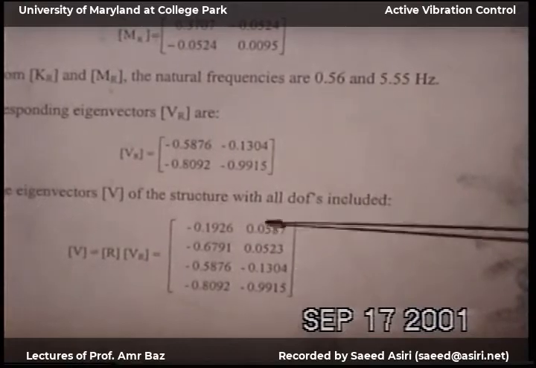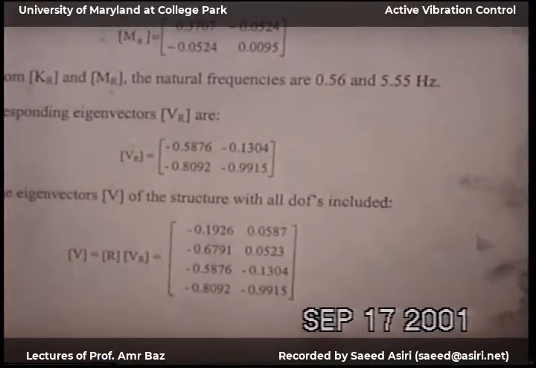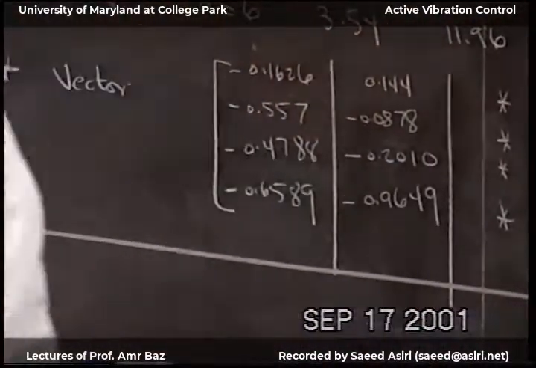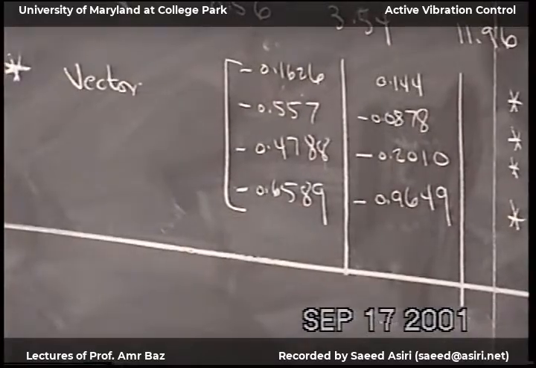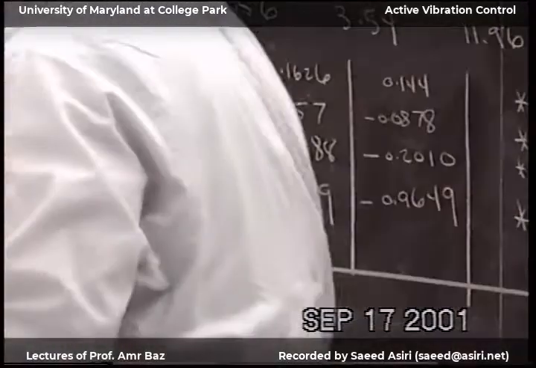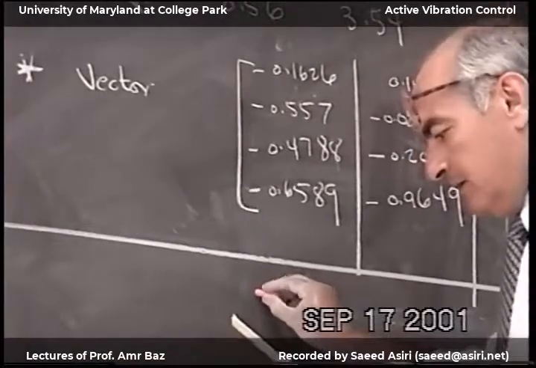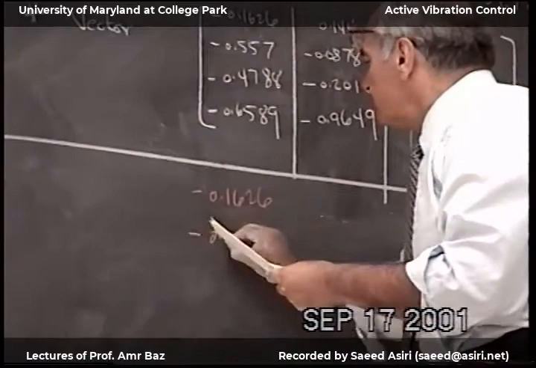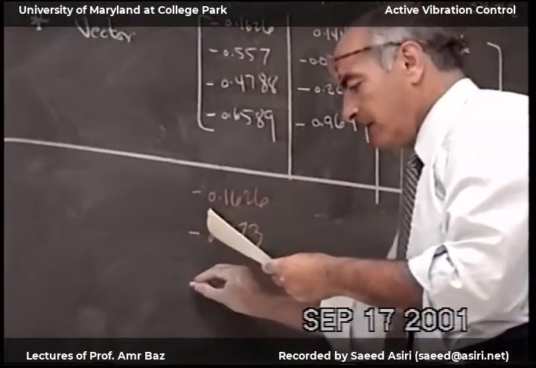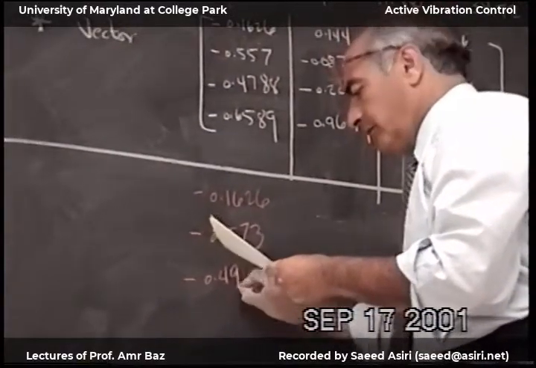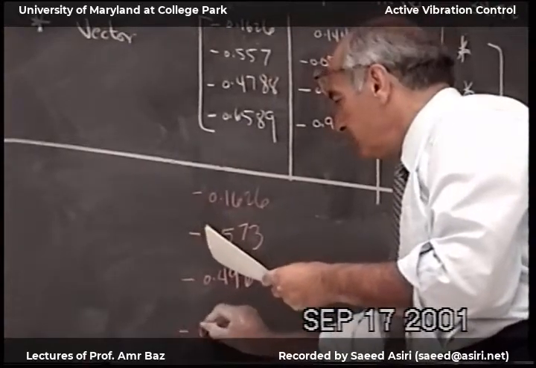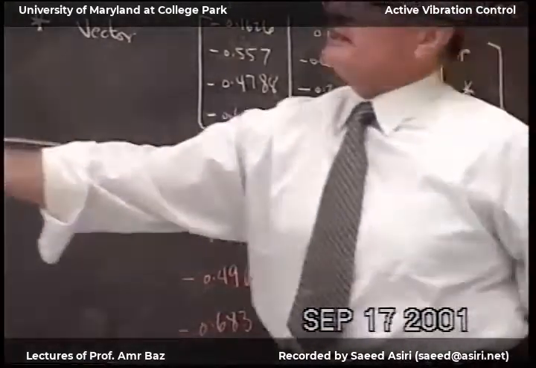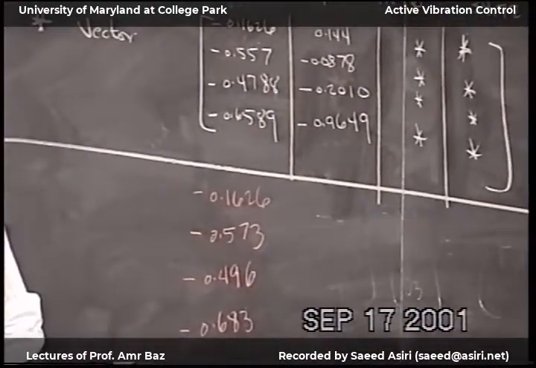So now if I take this number, 0.1926, and make it 0.1626, the result will be like this: 0.126, 0.573, 0.496, 0.683. Because the value here is not absolute value.